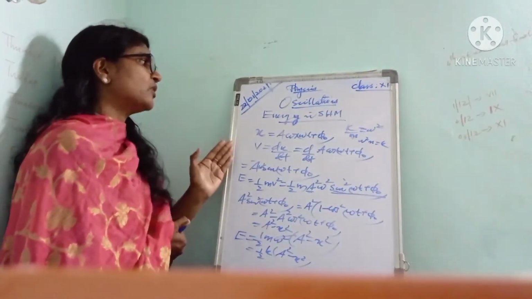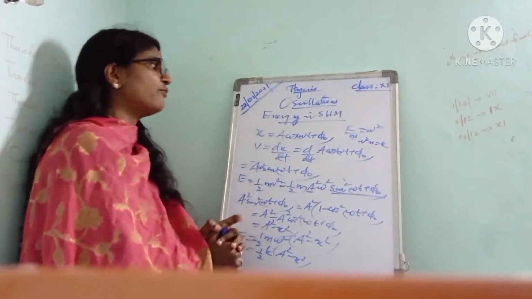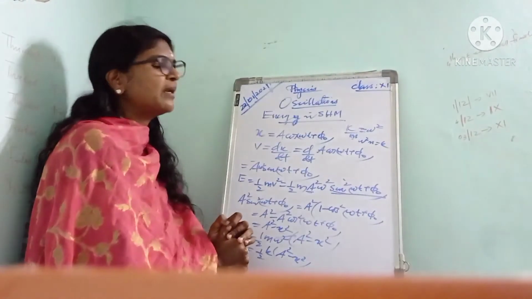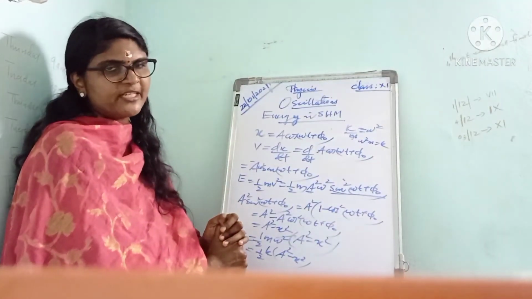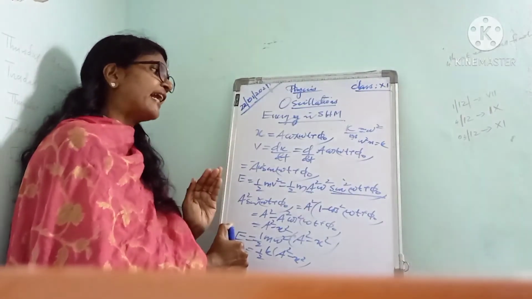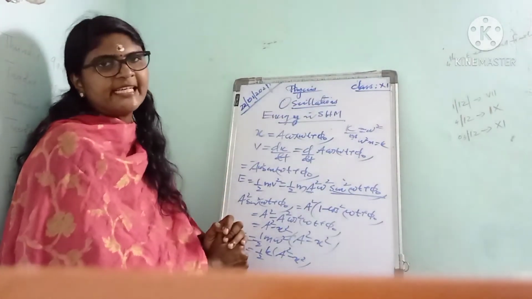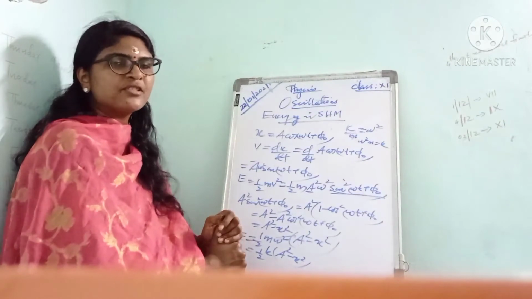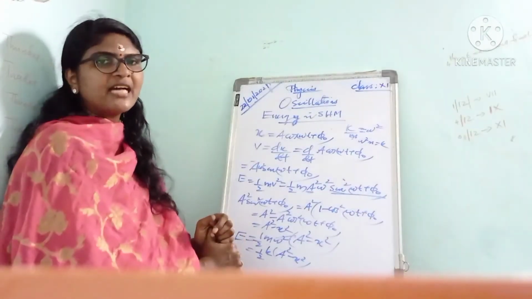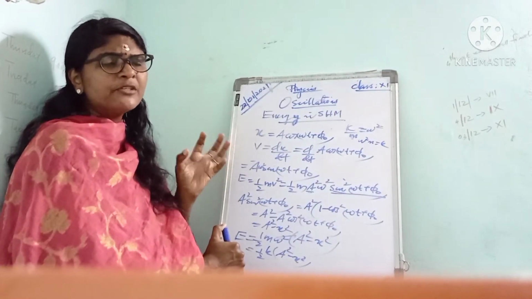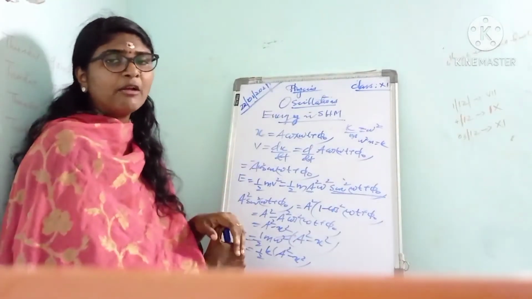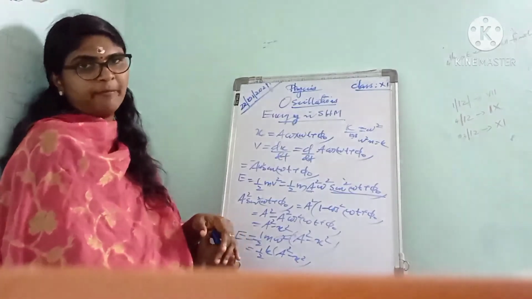So to find the energy of a particle executing simple harmonic motion, it is the sum of kinetic energy and potential energy. First we have to derive the expression for kinetic energy. All of you know kinetic energy equals half mv squared. We should know the velocity of the particle executing simple harmonic motion.